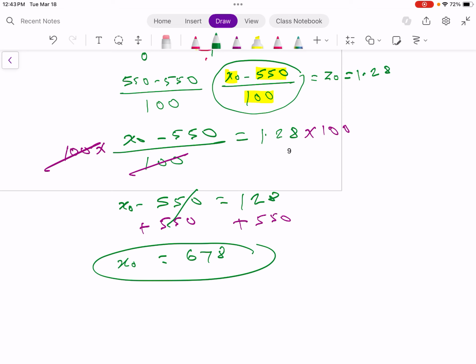Let's go back to our activity handout. Does anyone have any question here? Okay, now let's start with the activity. Page 1 and 2. Does anyone have any question on page 1 and 2? Now we have page 3 and page 4.